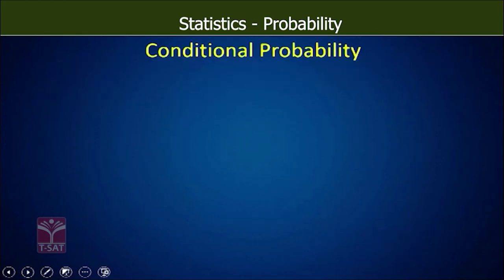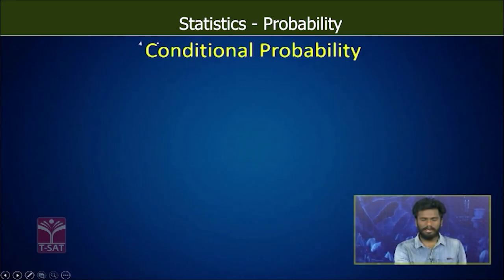Now, conditional probability. So what is this conditional probability? Let us assume there is an event A, it is occurring. Let us consider the event A, which is the present event which we are doing.